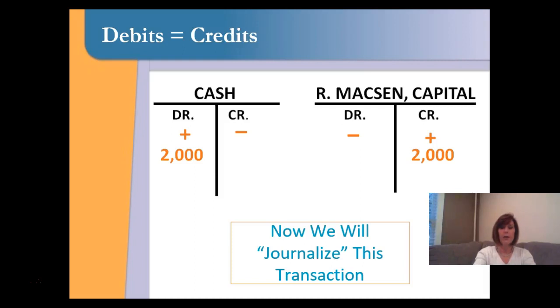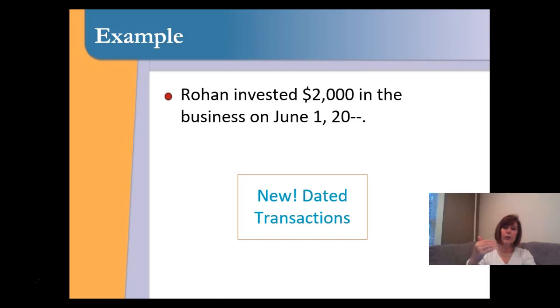And I guess before I jumped forward, I should have said, okay, what accounts does Rohan's investment implicate? Well, he's investing $2,000, and that's money, otherwise known as cash. So cash is certainly involved. And his initial investment, that's his capital, his equity.